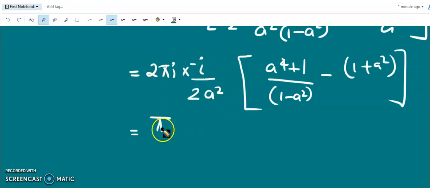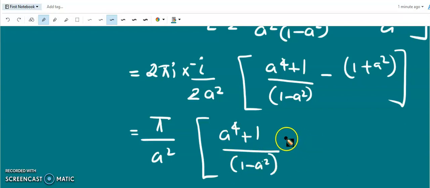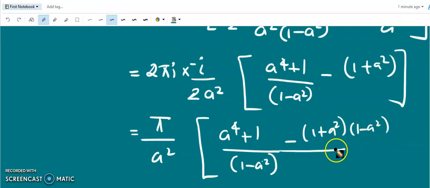So 2 cancels, and we have pi by a square into a to the power 4 plus 1 into 1 minus a square minus 1 plus a square into 1 minus a square, by 1 minus a square. Okay, it's a common factor now.